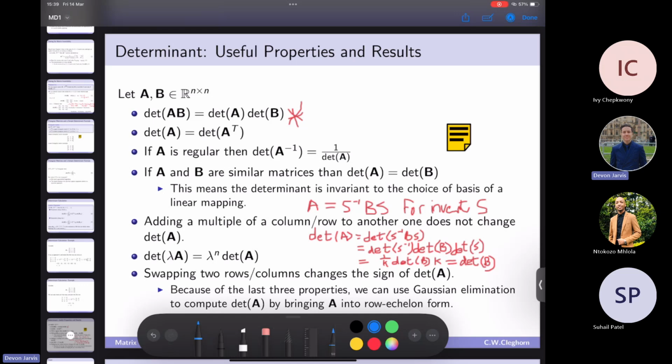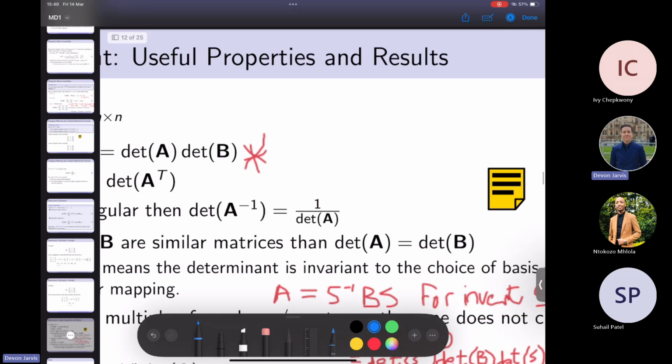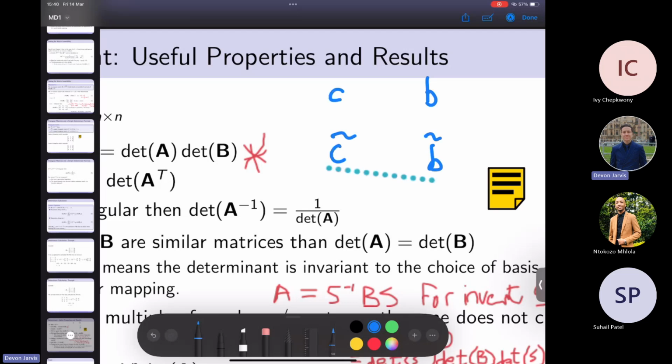This means that the determinant is invariant to the choice of basis of a linear mapping. Remember when we were talking about those equivalent mappings? If I start with basis B, I can go to B tilde, and suddenly I have basis C, and I can go to C tilde. I can do those changes of basis back and forward.